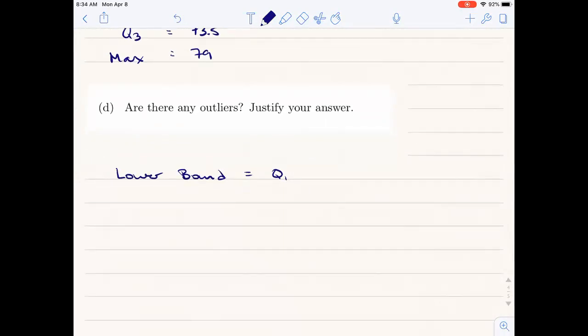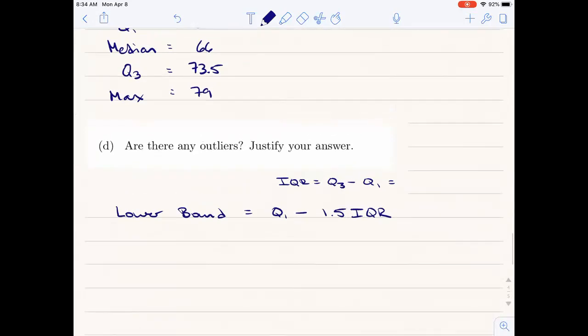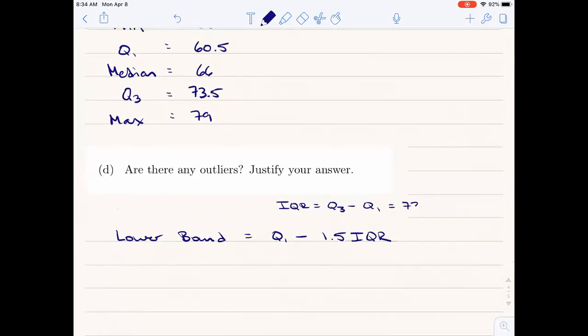So Q1 minus 1.5 times the interquartile range. Your interquartile range is Q3 minus Q1, which in this case is 73.5 minus 60.5.